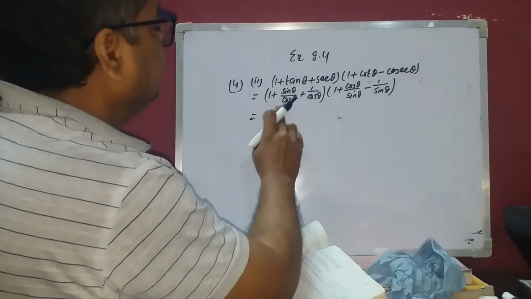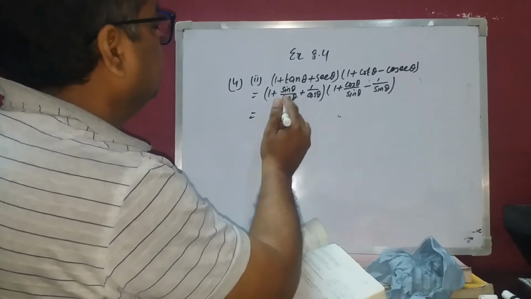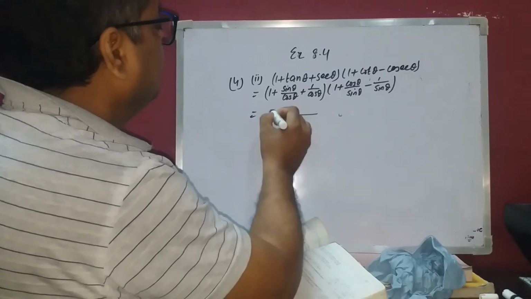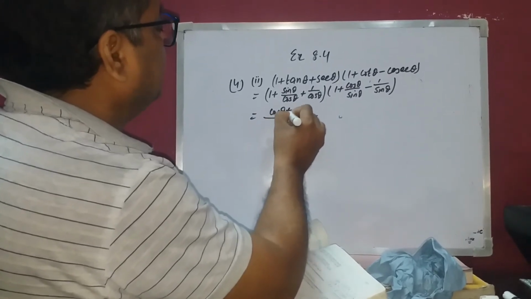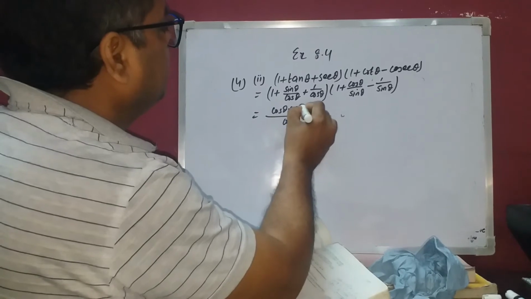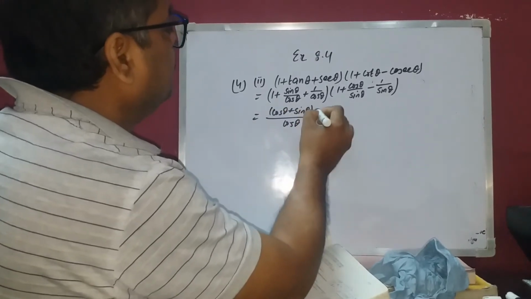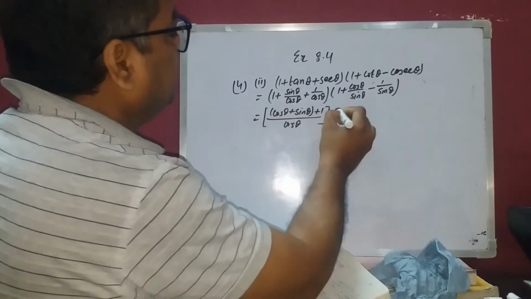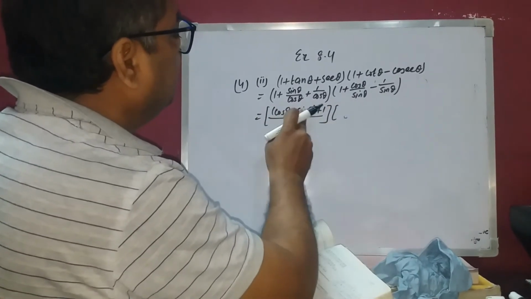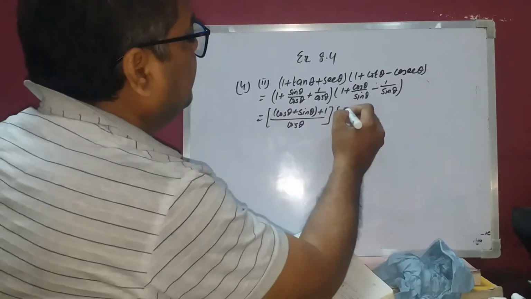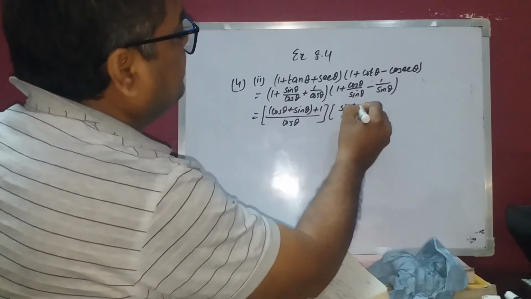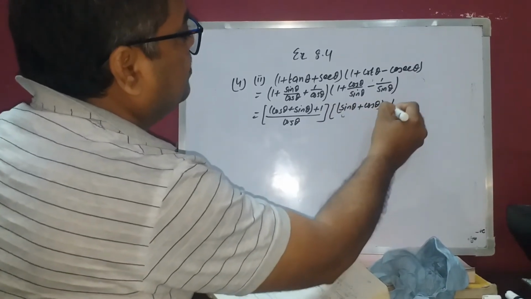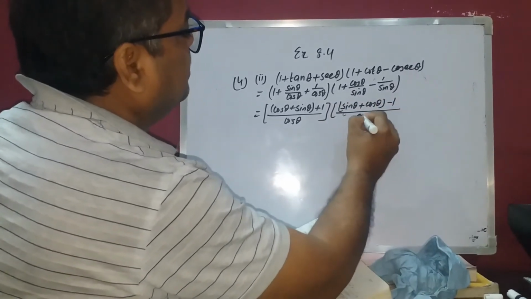Now take LCM of both the brackets. This is cos theta and here cos theta plus sine theta plus 1. Keep it in a big bracket because the small bracket has been used here already. And this is sine theta plus cos theta minus 1, and this is sine theta.